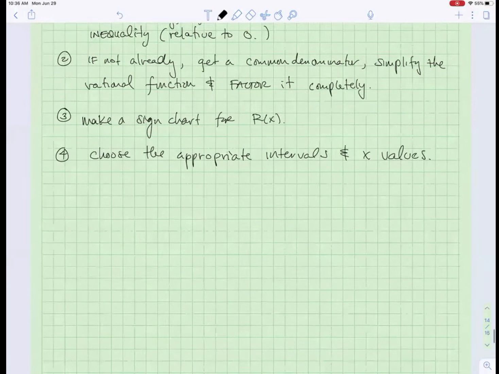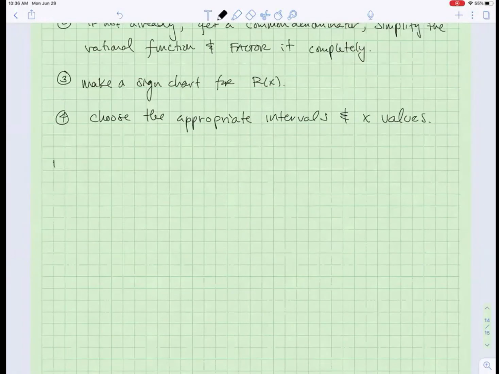Example number 1 is a pretty straightforward example. Solve the inequality 3x squared minus 5x minus 2 divided by x squared minus 9 is strictly less than 0.